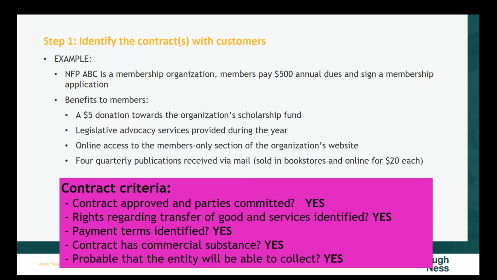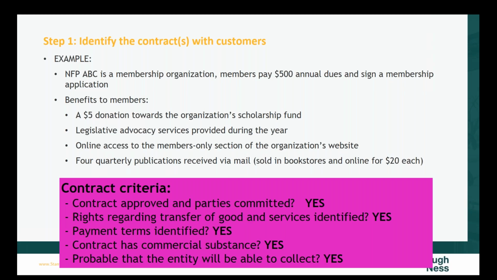It could be an online form where they fill out and essentially say, please renew my membership. Or you could even have it where someone calls in and says, hey, I want to be a member of your organization. Maybe a bill is sent, etc. But at this point, we can determine that the contract in this case is approved and the parties are committed.